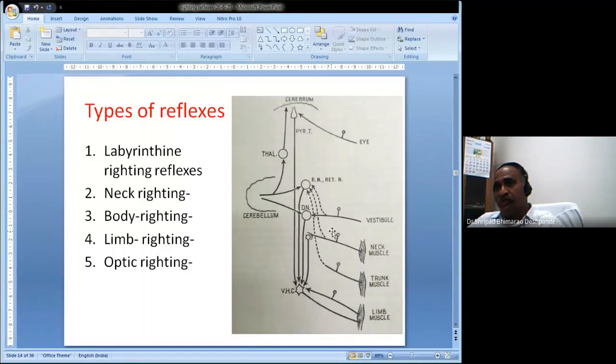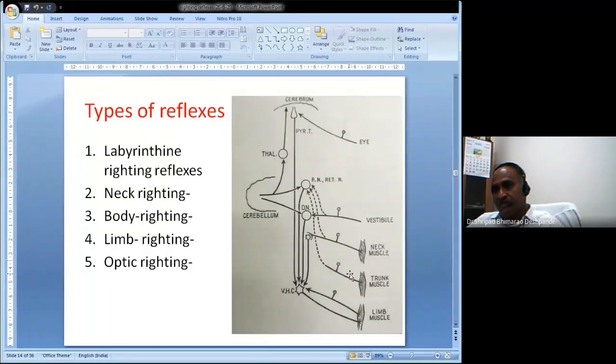Of course, they will also reach the cerebellum, not through this path, but through the spinocerebellar and cuneocerebellar inputs. There are crossed and uncrossed fibers. They will go to the spinal component of the cerebellum, and then they will come back to the red nucleus.